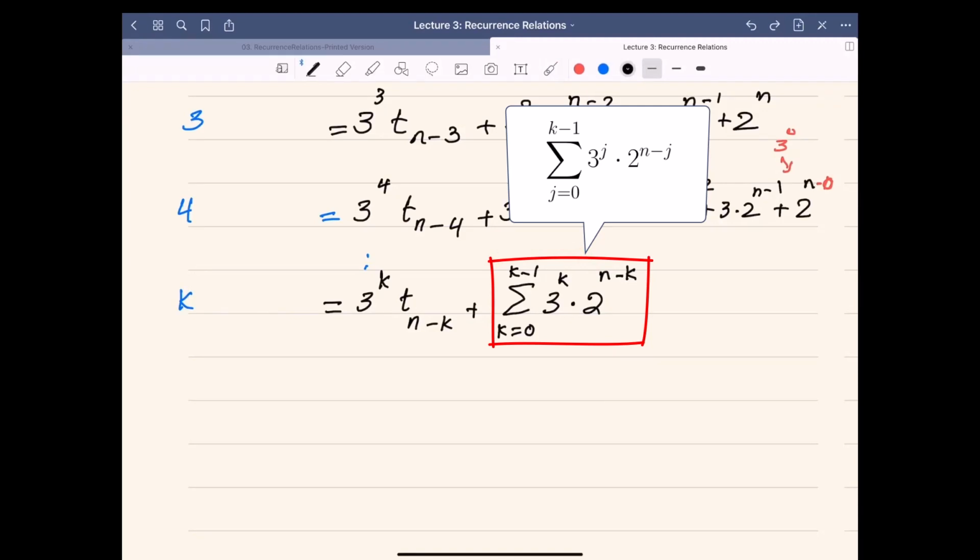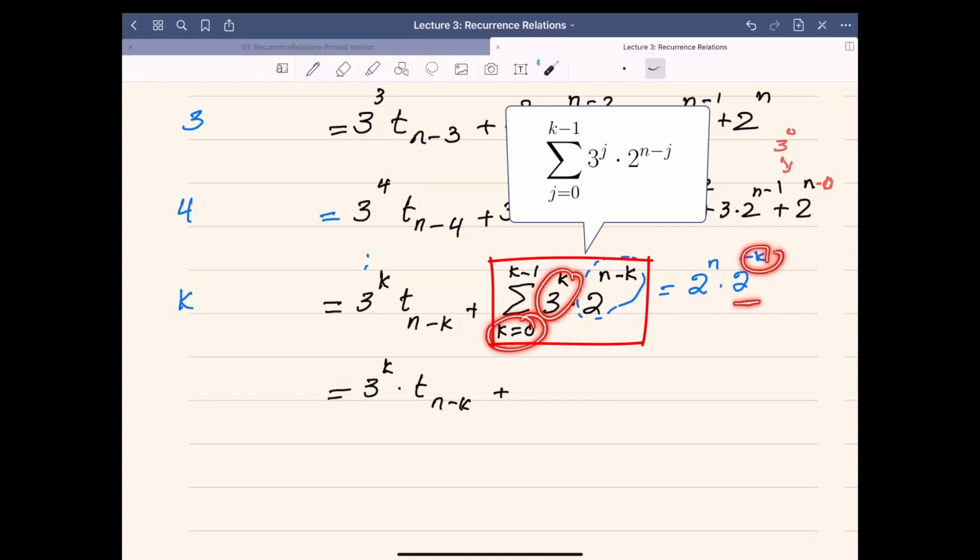So this is equal to 3 raised to power k, T_{n minus k}, plus this equation, we can write it as 2 to the power n multiplied by 2 to the power minus k. This number, which is raised to power minus k, depends on k. 3 to the power k also depends on k, so I cannot take them outside. But 2 to the power n is not related to k, so we can take it outside the summation.